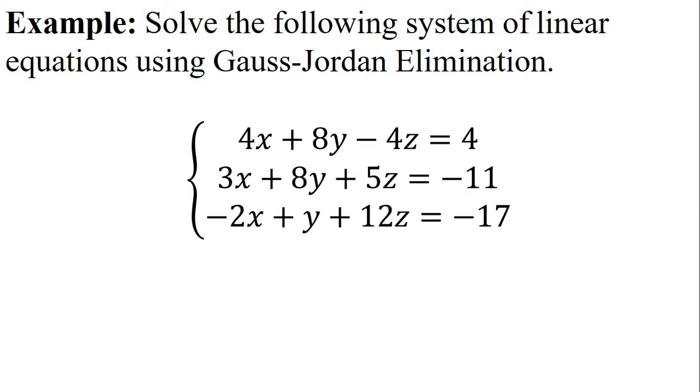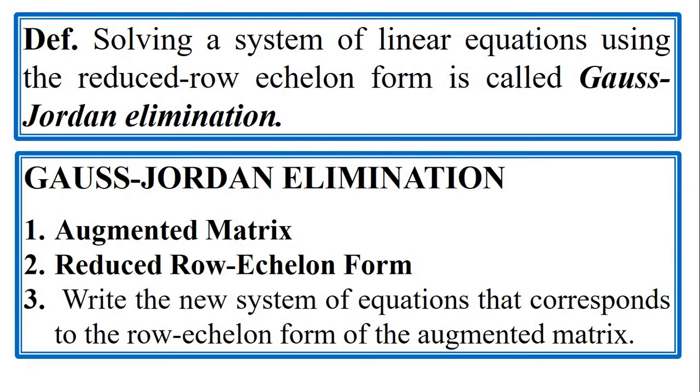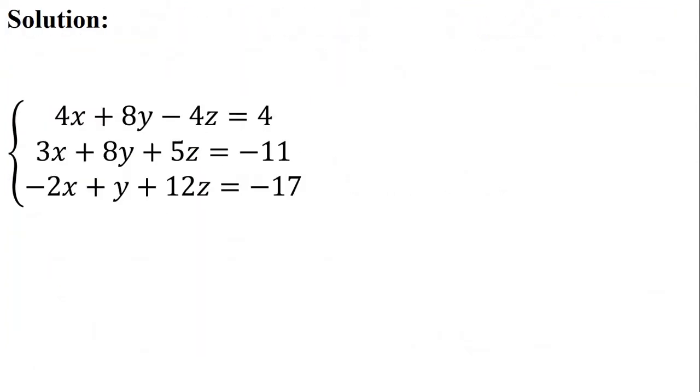Example, let us solve the following system of linear equations using the Gauss-Jordan elimination. Going back, we first write the system in augmented matrix. So to do that, we start with the first row.